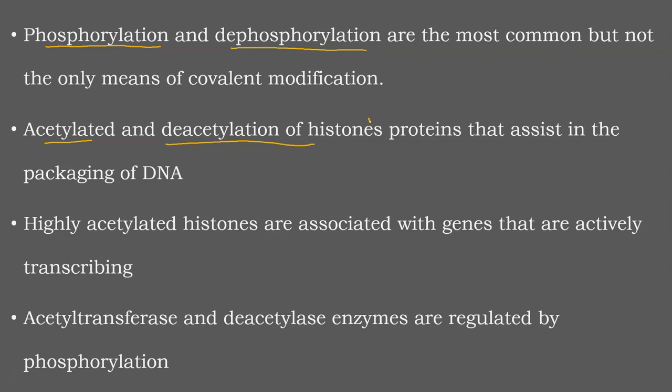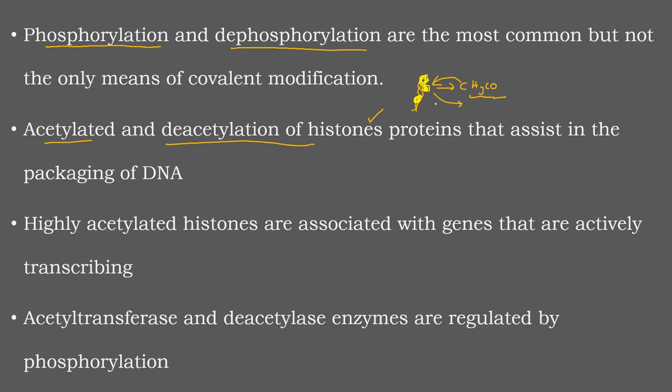You know that the histones wrap the double-stranded DNA. If this is the DNA, these are the histones which are wrapping the DNA. So these histone proteins can be either acetylated, that means acetyl groups are added, CH3CO groups are acetyl groups, they can be added to the histones, or they can be removed.